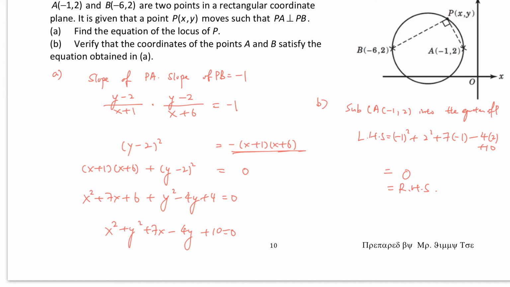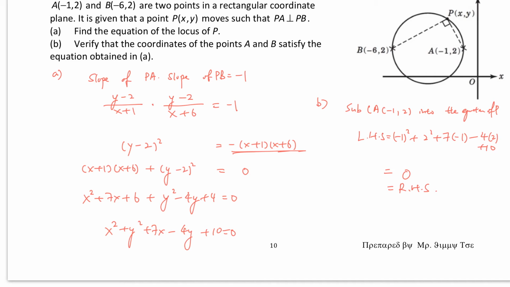And you can also do the same thing, substitute point B into the equation. But what I want to emphasize is that although A and B satisfy the equation of locus in A, you need to know P cannot move to point A to satisfy these conditions.